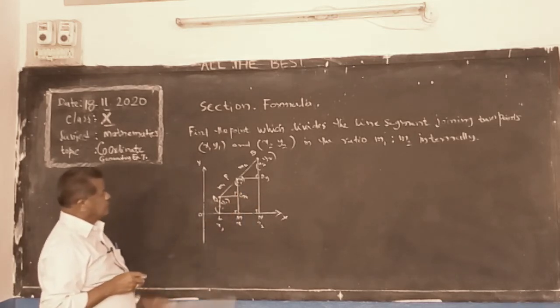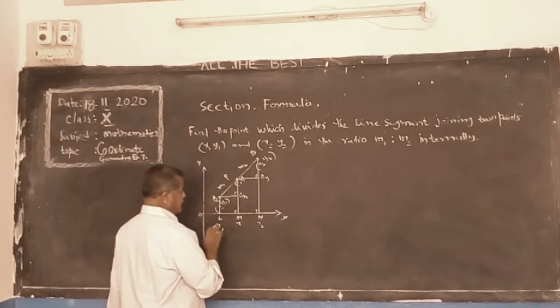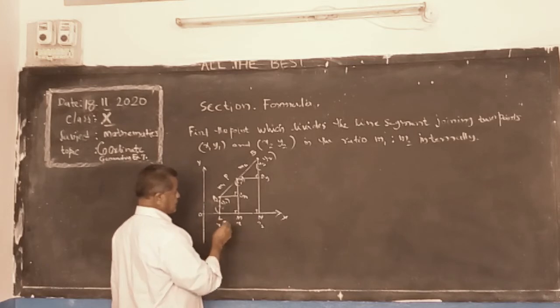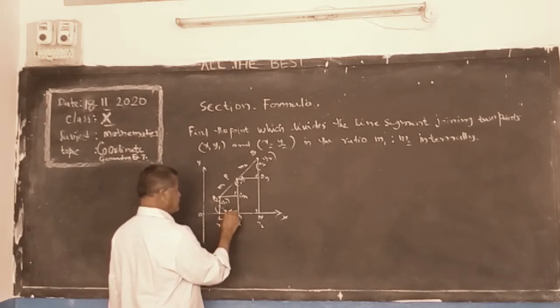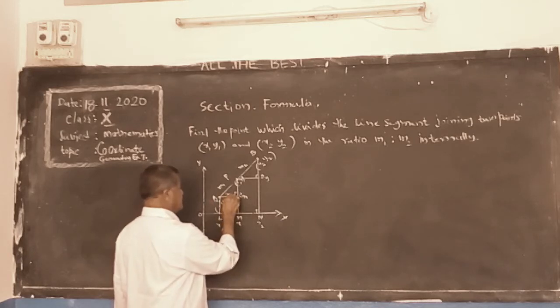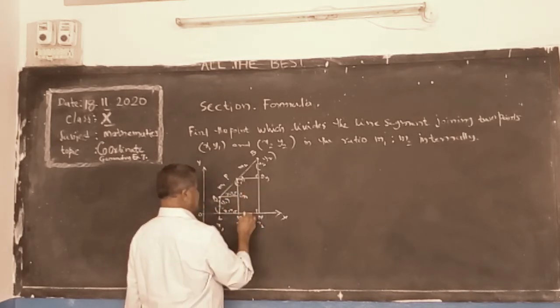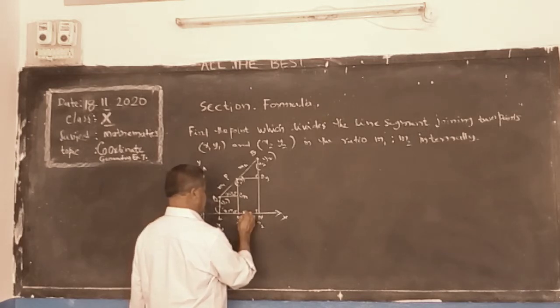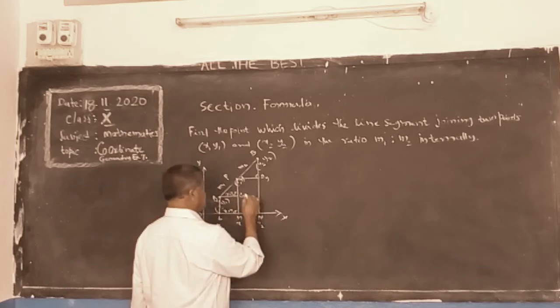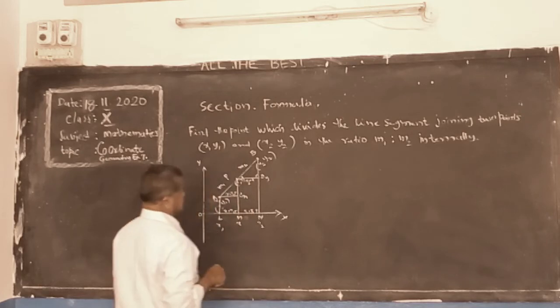See the sides. What is LM? x minus x1. And here also, LM is the same as AC, x minus x1. And here it is x2 minus x, and here also x2 minus x.